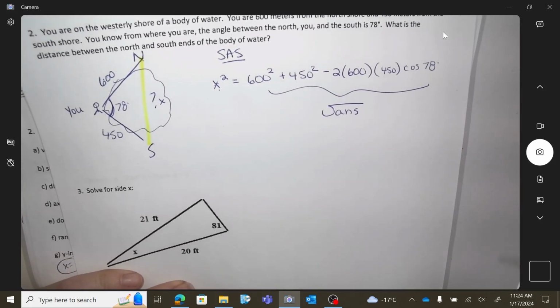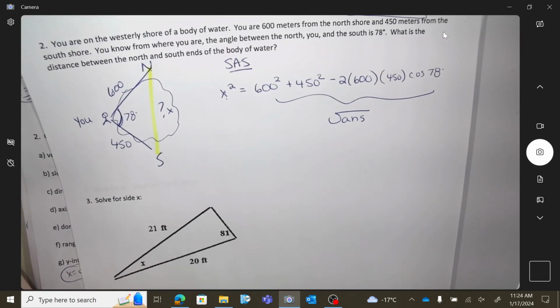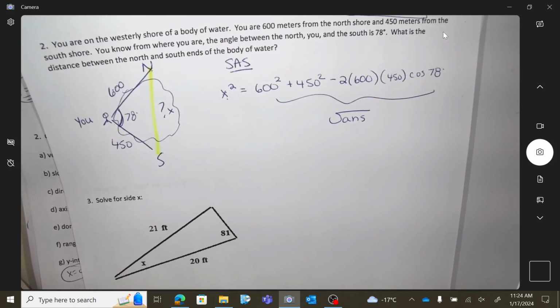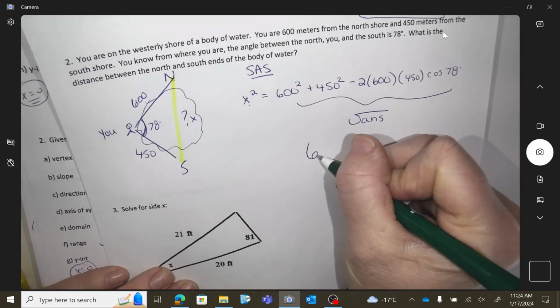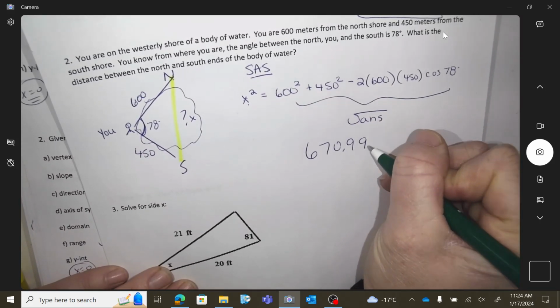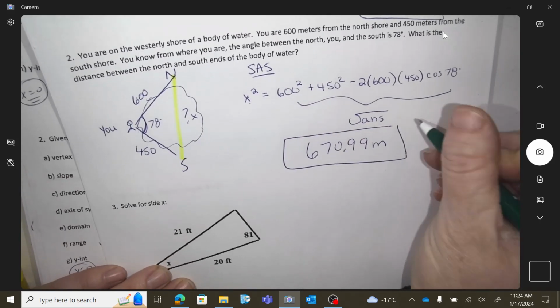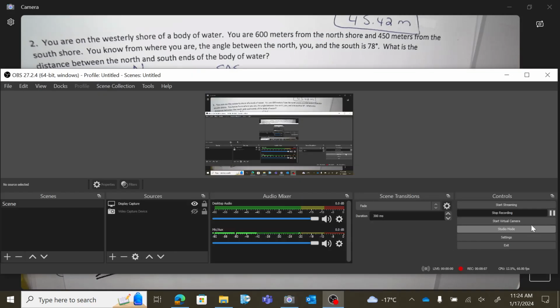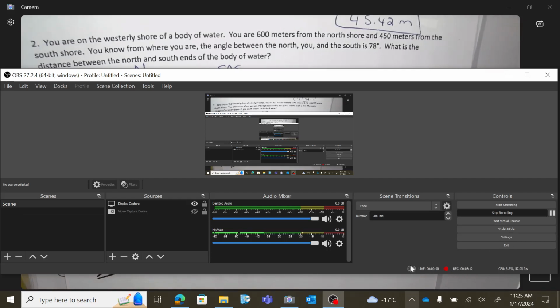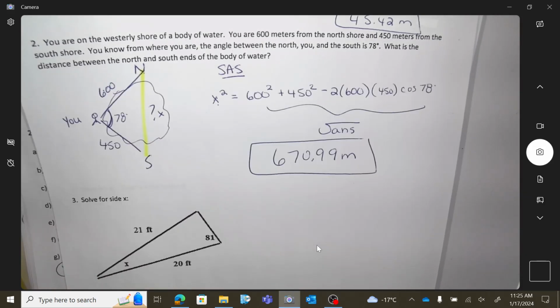Type, type, type, square root answer. Right. Good.